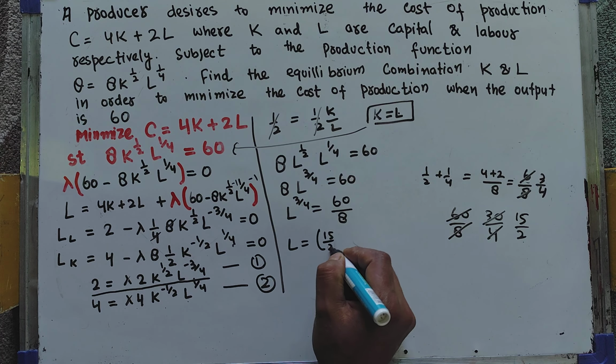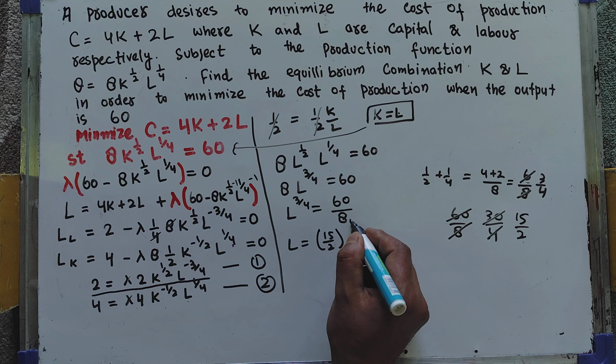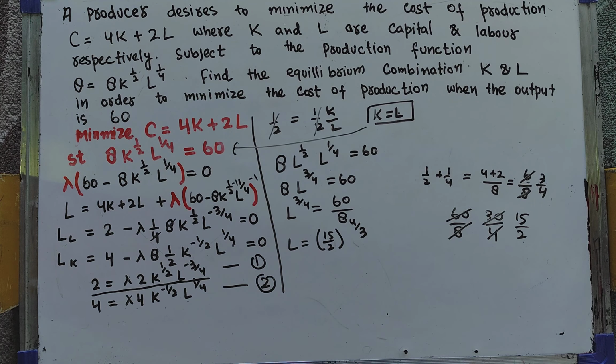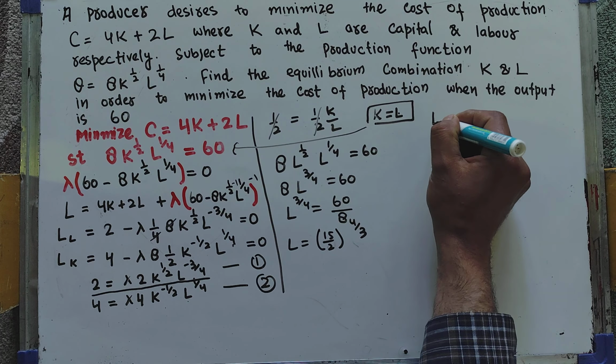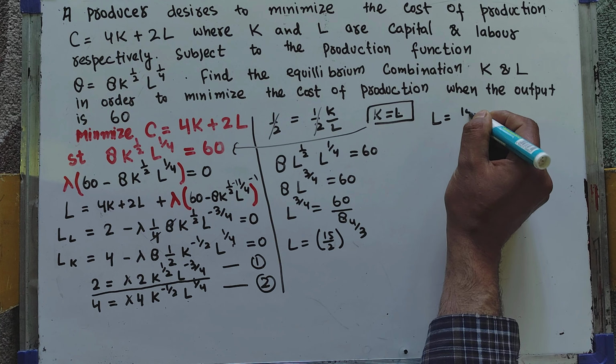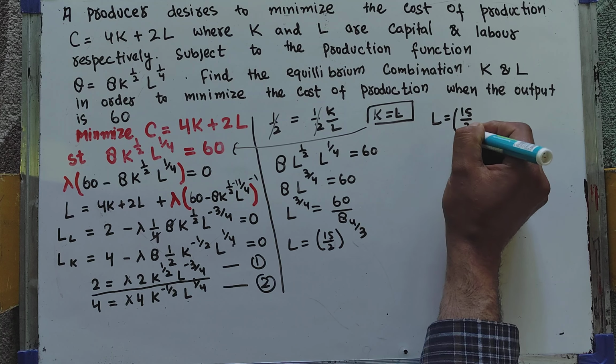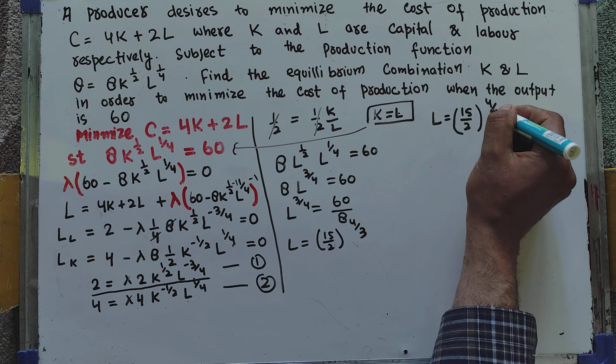When I transpose, the exponent becomes 4 upon 3. So L will be equal to 15 divided by 2 raised to the power 4 upon 3.